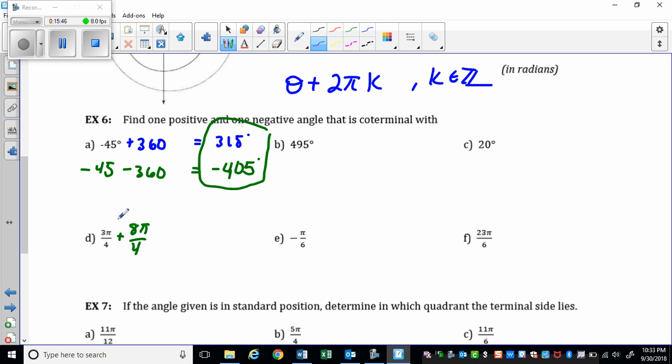That is 11 pi over 4. And then if I'm subtracting 8 over 4, so 3 pi over 4 minus 8 pi over 4, this would give me, I think, negative 5 pi over 4. Okay.